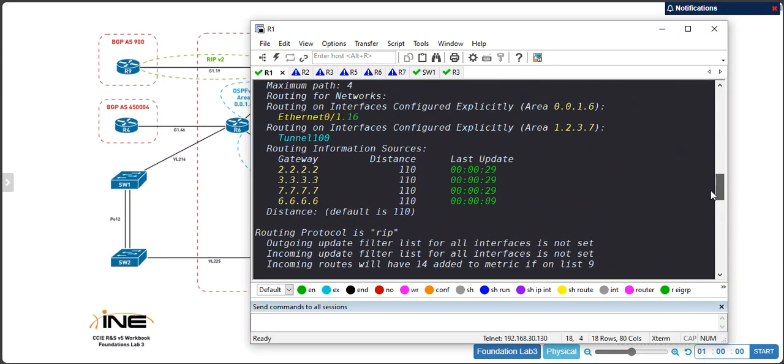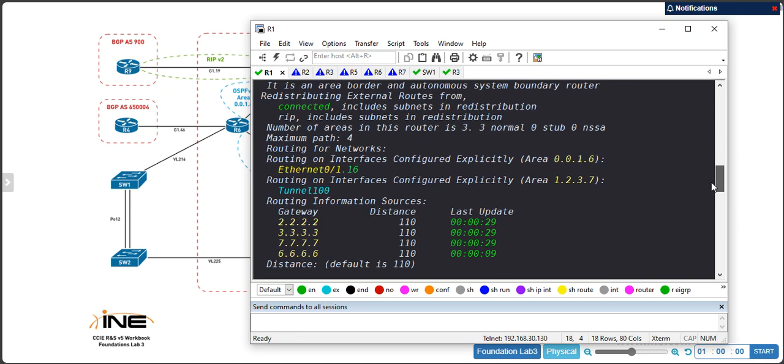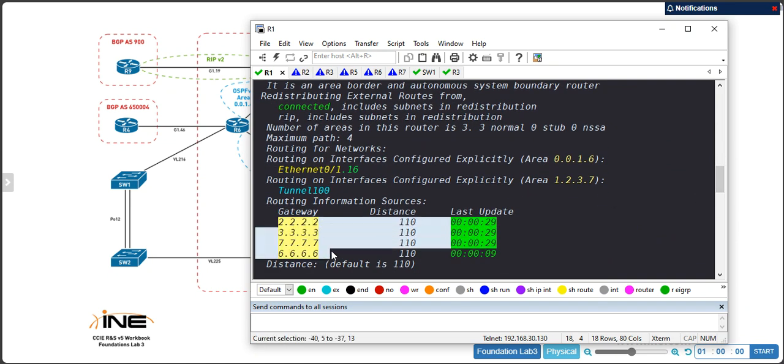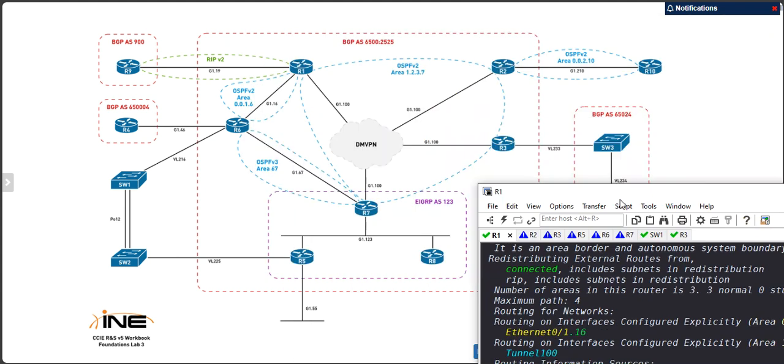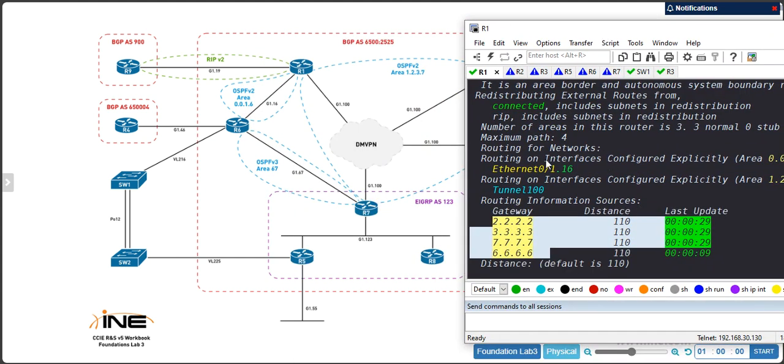We have OSPF number 1, and this is our neighbor, with R2 tunnel.